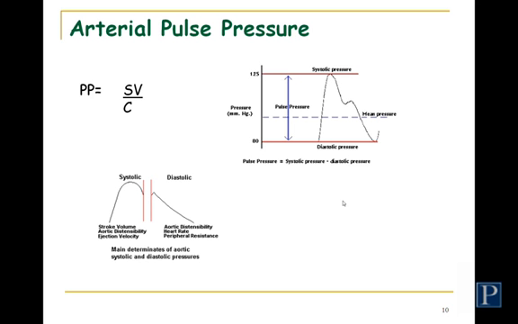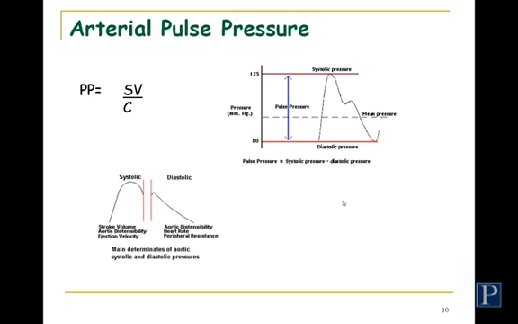A normal pulse pressure is around 40 millimeters of mercury. If it's too high, it can indicate certain things, or if it's too low. If you take someone's pulse, remember, what you're feeling there is the pressure wave that's created when the blood is leaving or moving away from the aorta.